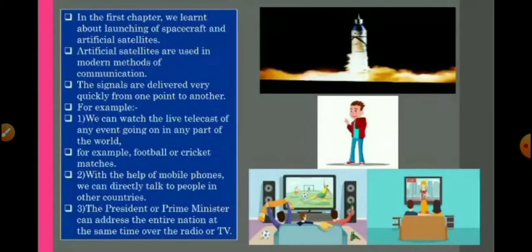In the first chapter, we learned about launching of spacecraft and artificial satellites. Artificial satellites are used in modern methods of communication. The signals are delivered very quickly from one point to another.